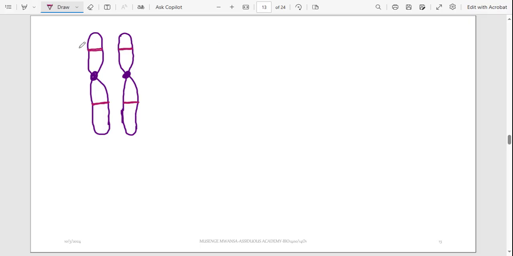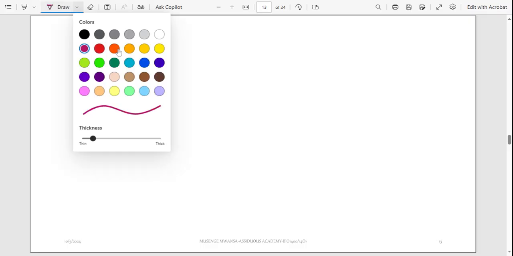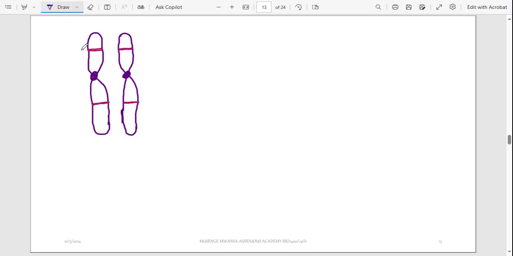So this specific position, the information that is coming from the father and from the mother that I'm inheriting, we have got what we call alleles. Okay, so we have got a pair of alleles. Okay, so when two alleles come together, they will now form a gene.